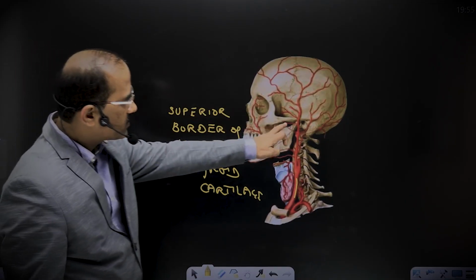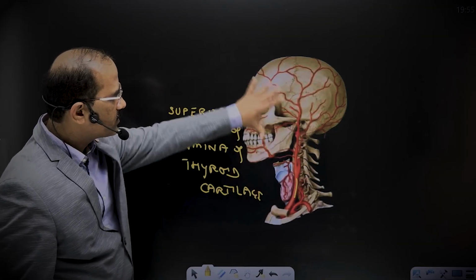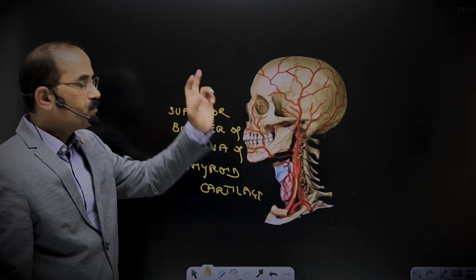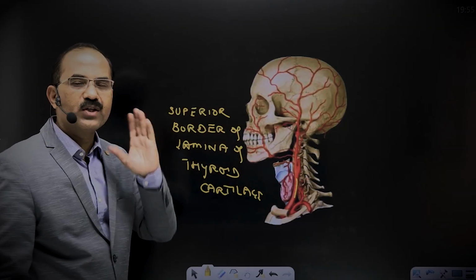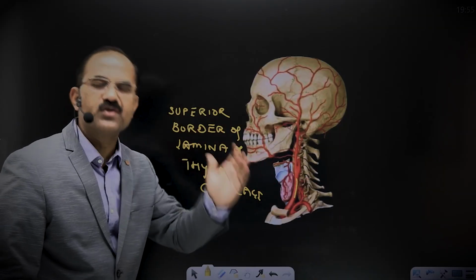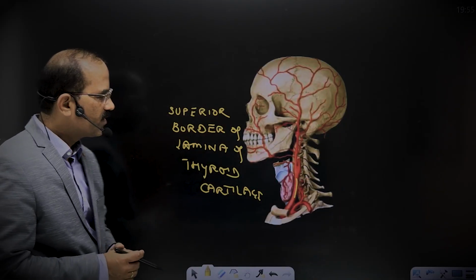It divides into an external and internal carotid. You can see the branches of external carotid. We have seen the facial artery, and the various branches of facial artery in the face we have seen here. Clear to all of you?